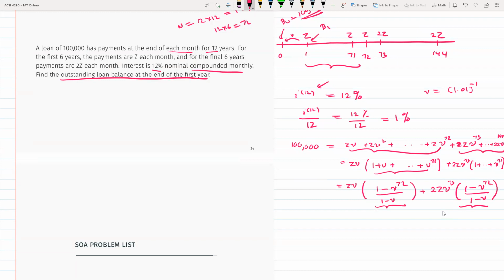Okay, so let's calculate that. So V is 1.01 to negative 1. Let's calculate that part: 1.01 to the negative 72, 1 minus that, divided by 1 minus 1.01 to the negative 1.